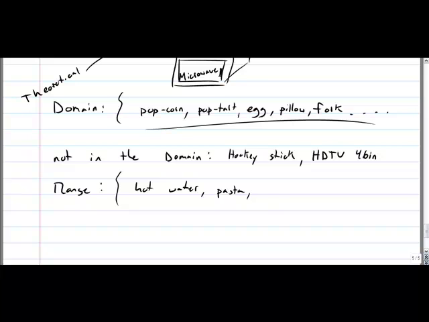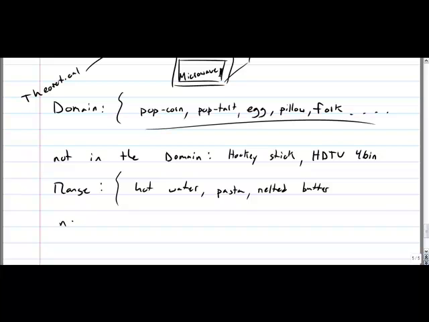Pop-Tarts are going to come out of the microwave, and melted butter. When we said we're going to put it in the microwave and run it for 60 seconds, these are all things that could come out of a microwave after it's run for 60 seconds.